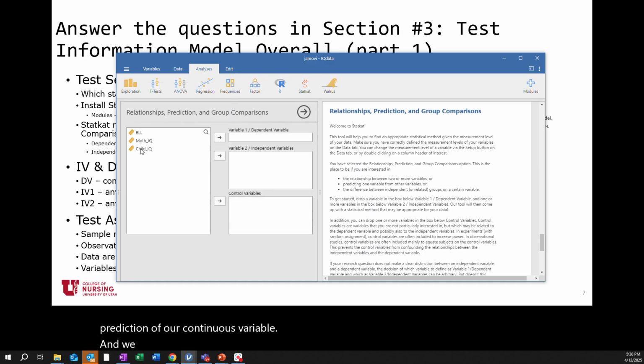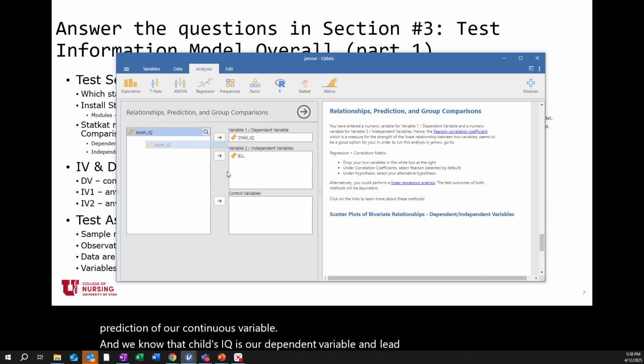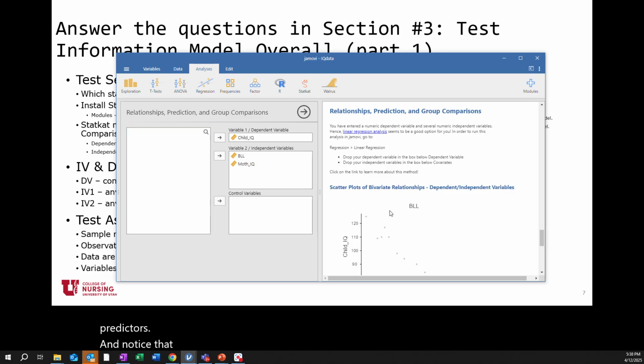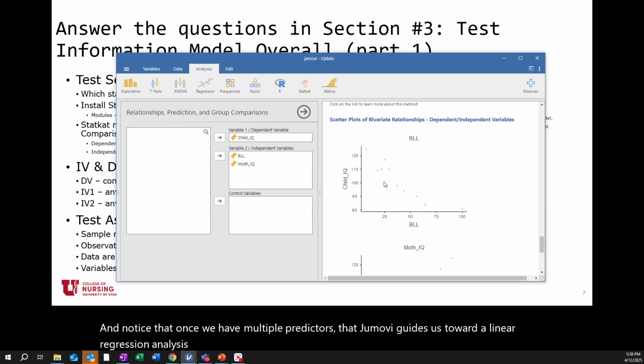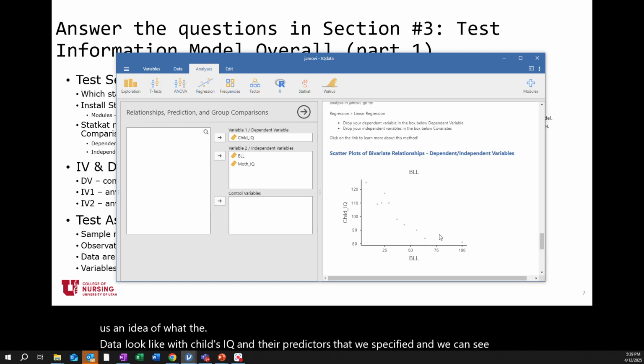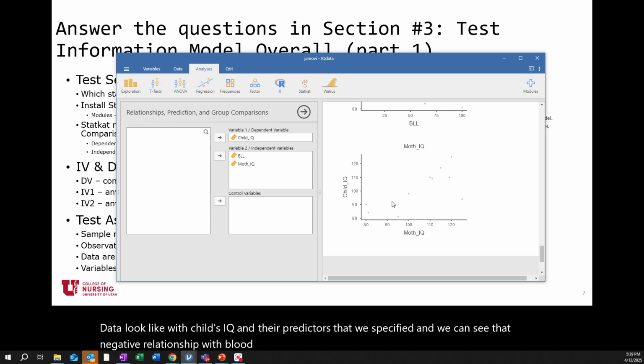And we know that child's IQ is our dependent variable, and blood lead level and mother's IQ are our predictors. And notice that once we have multiple predictors, Jamovi guides us toward a linear regression analysis. So that is helpful, and then it gives us a couple scatter plots just to give us an idea of what the data look like with child's IQ and the predictors that we specified, and we can see that negative relationship with blood lead level and positive relationship with mother's IQ, so that jives.